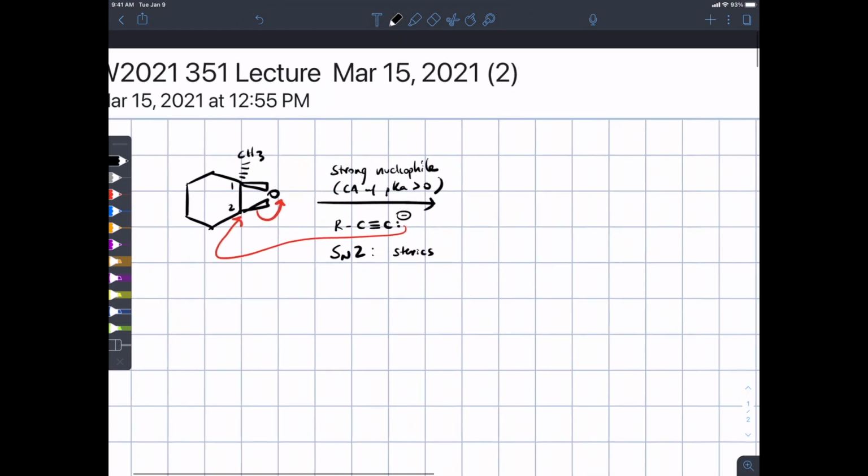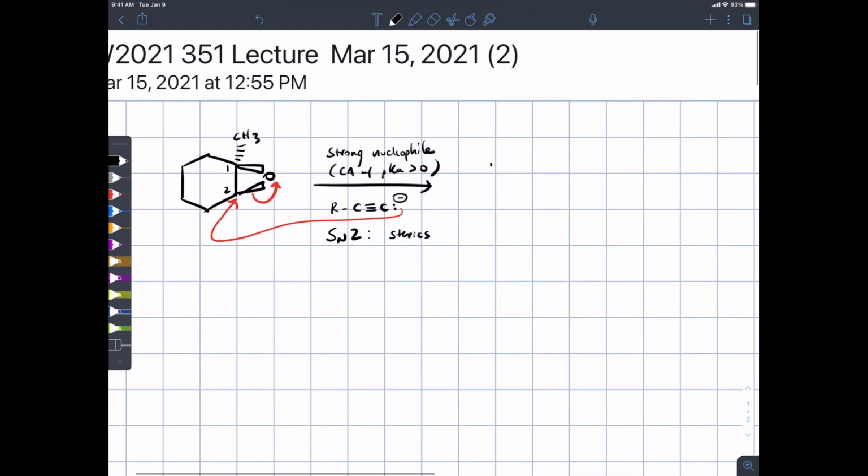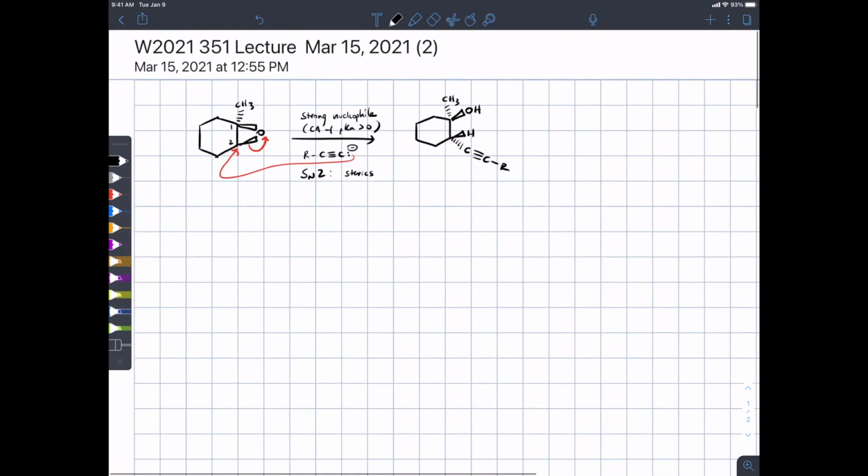I'm going to draw the alcohol product without drawing you the negatively charged intermediate. Here is the nucleophile. It comes in from behind and the oxygen leaves and then subsequently gets protonated to give you this product.